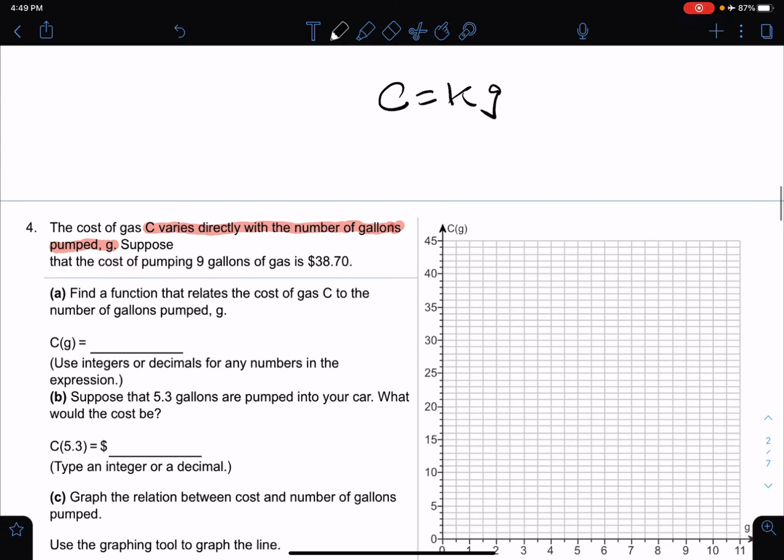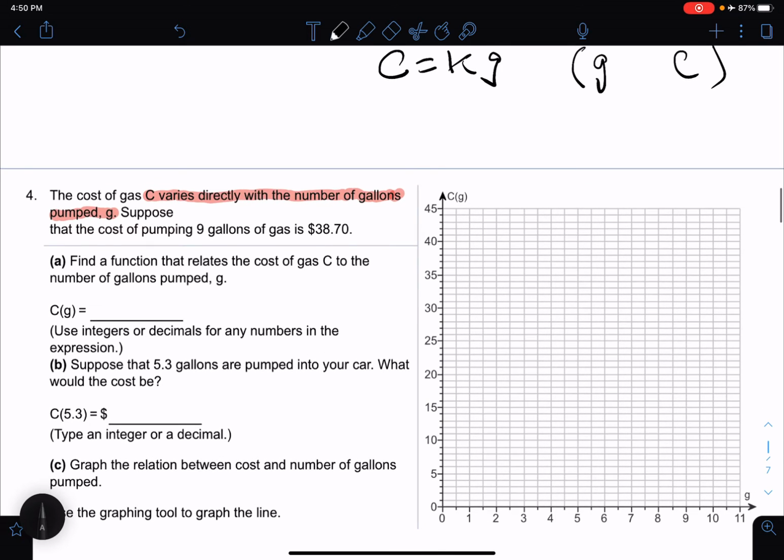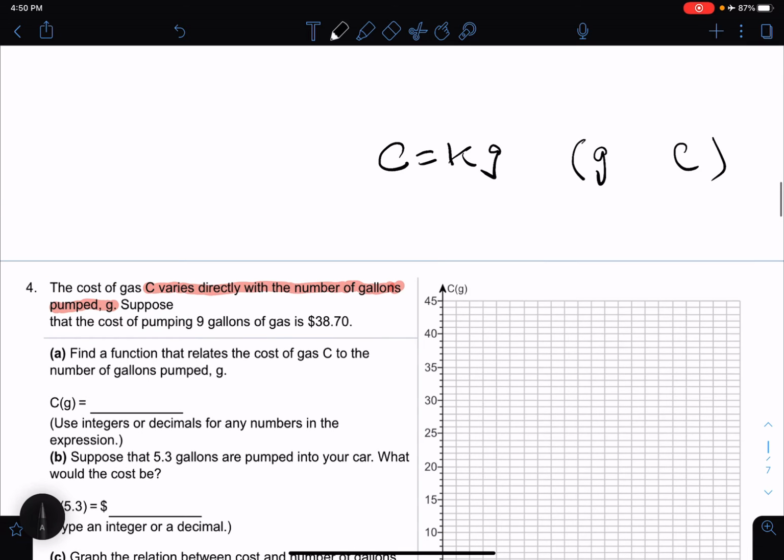But it's a good idea to realize what my variables look like here. Well, remember G is kind of like the x. G, they told us, was the gallons pumped.